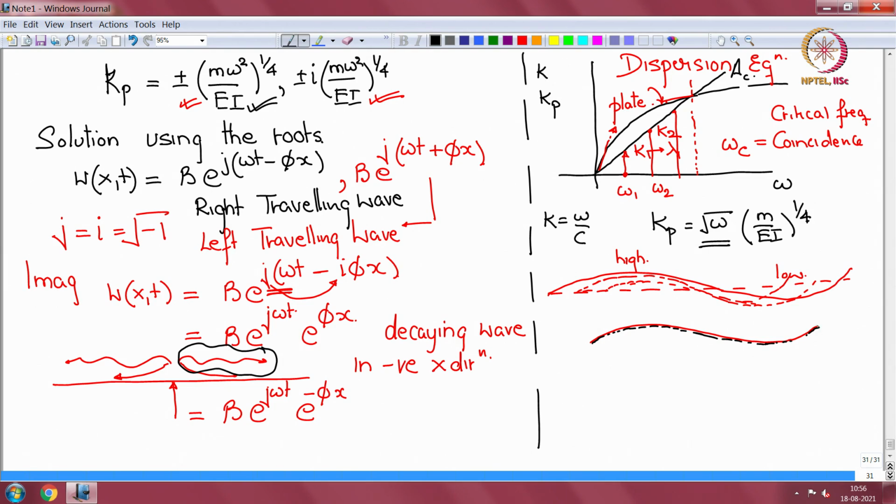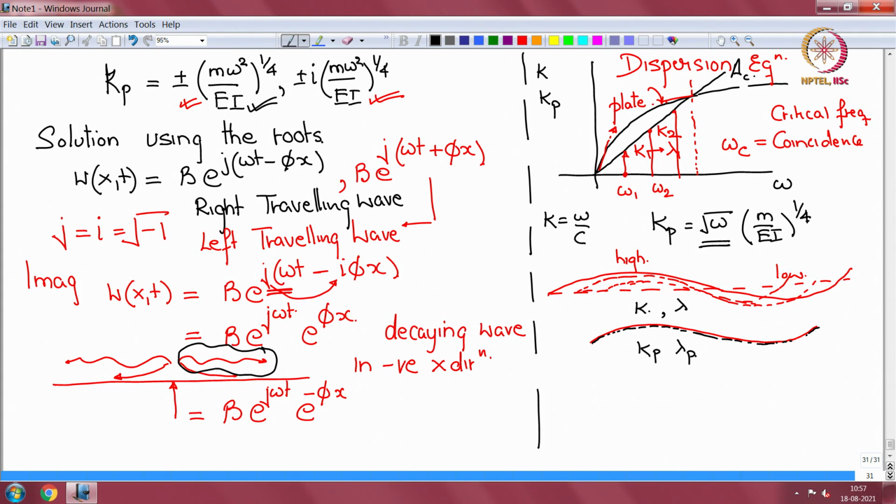And this is very important because this is when the best coupling can occur, when the acoustic wavelength and the structural wavelength, or acoustic wave number and structural wave number, are equal, okay.